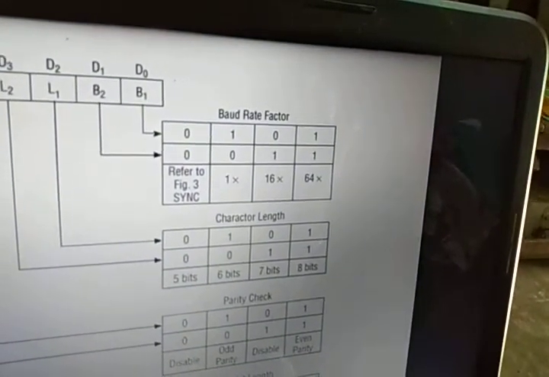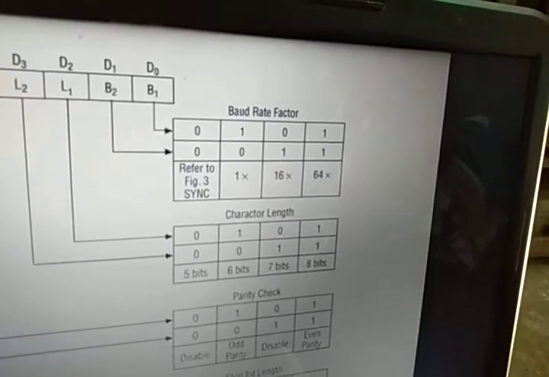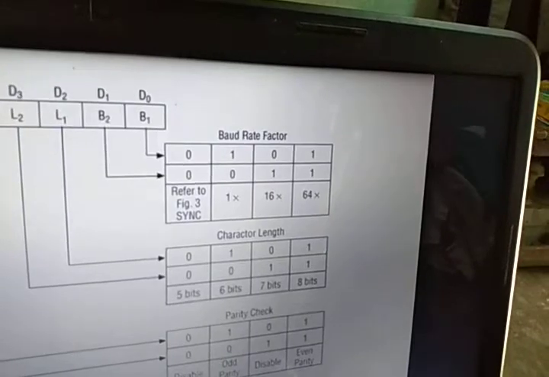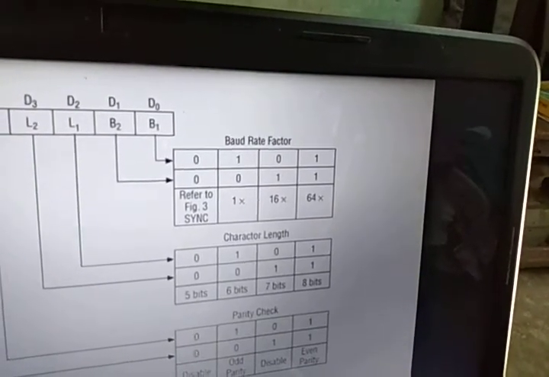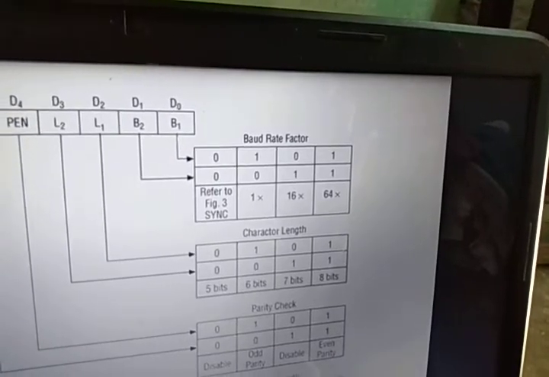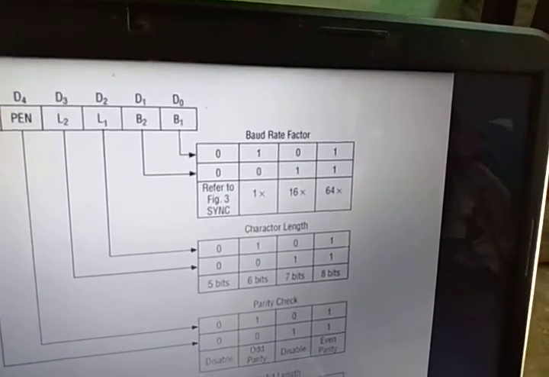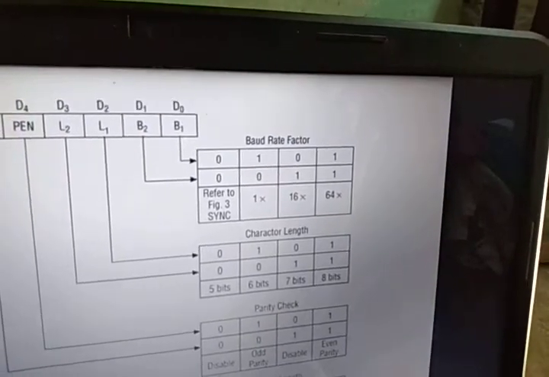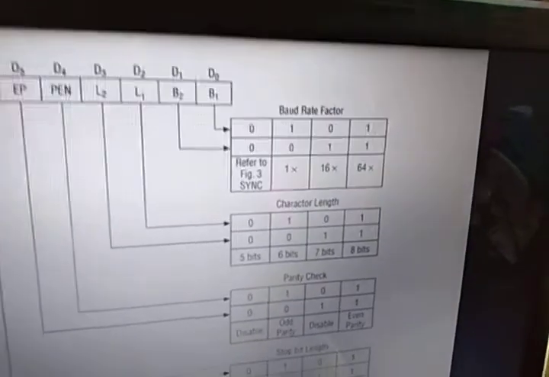If the baud bit values are 0, 0, we are going to transmit in synchronous mode. And if it is the other combinations, it is transmitting in asynchronous mode. There are 3 speeds possible in asynchronous mode: either a factor of 1, a factor of 16 or a factor of 64.